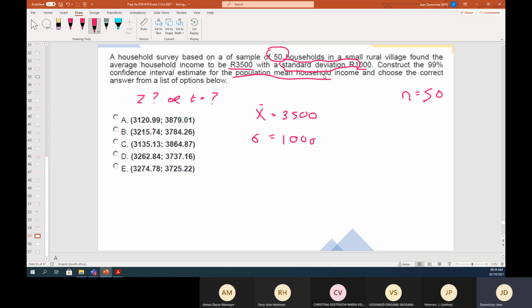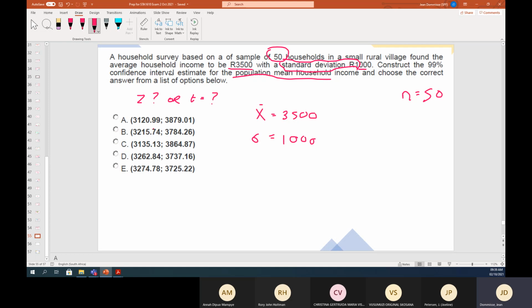So that is the two that they can use. If they don't tell us it is the population standard deviation, we must assume that it is then sample. You will see in that first sentence, sample of with average household.